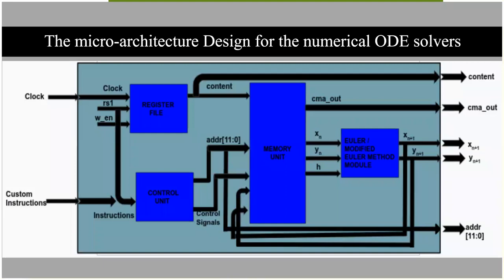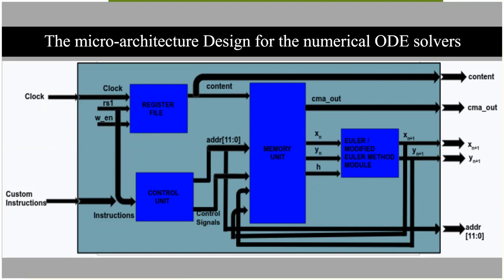This content will then be provided to the Euler as well as the modified Euler method module to deliver the results for the next iteration, which is termed xn+1 and yn+1. x0 and y0 are termed xn and yn over here. These values will again be stored to the memory unit at specific addresses. The control unit will control all the other modules using the control signals.